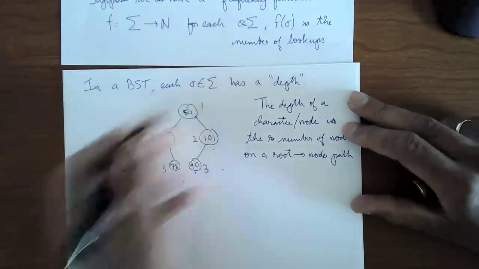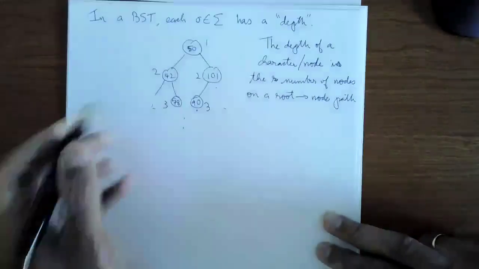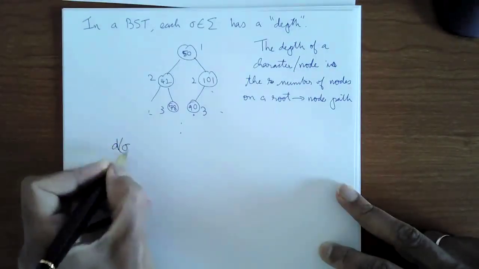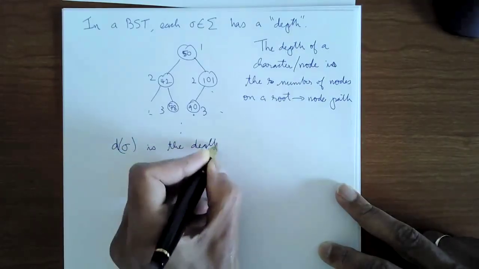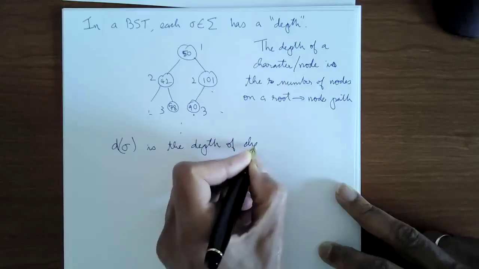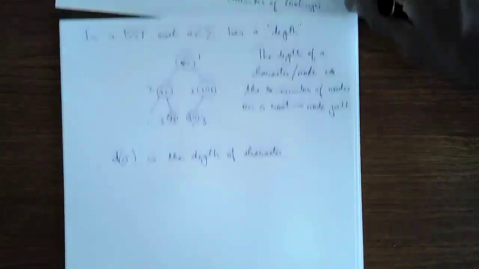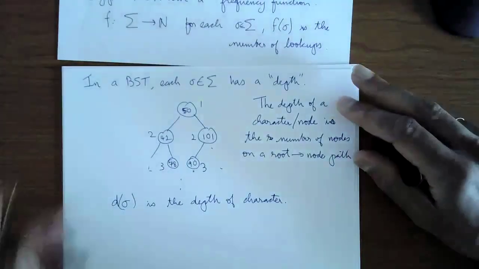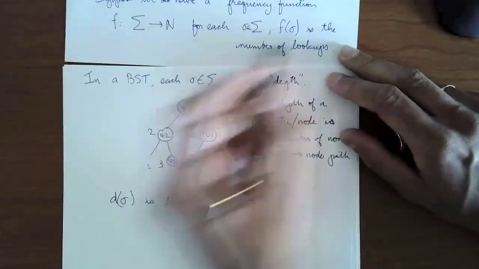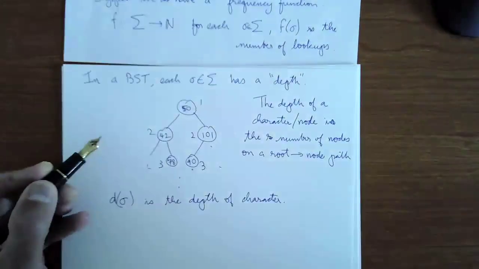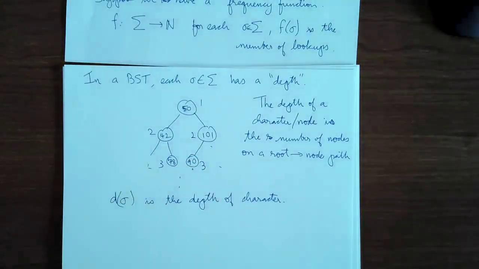So each character has a depth because you've put it in a binary search tree. And so the depth of sigma is the depth of a character. So think of these two functions that you have. One is the frequency, which just tells you how many times you're going to look up a character. And then if you build a binary search tree, for each character, you have a depth.